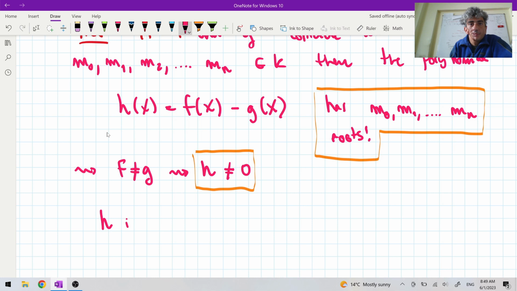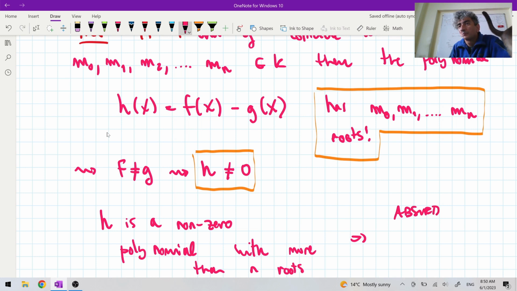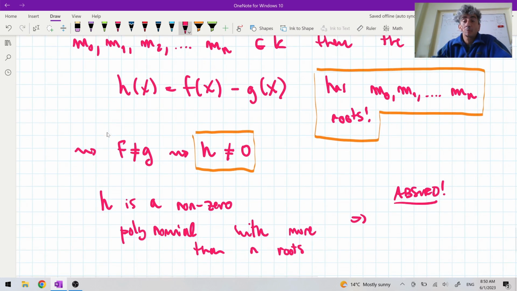H is a non-zero polynomial with more than n roots. And this is absurd because it contradicts the theorem that we had proven. Okay, so we're gonna have a polynomial with more roots than its degree.